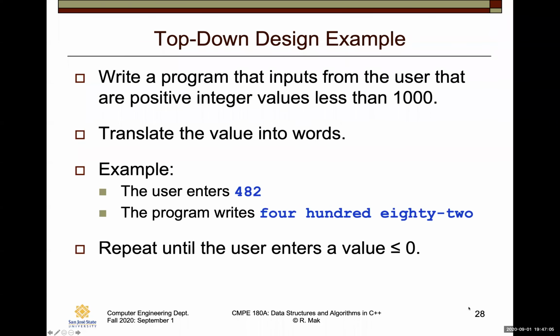For example, the user enters the digits 482, and your program writes out 482 in words, and you keep doing this until the user enters a value that's less than or equal to 0, and that tells the program that it's done. That's the problem we're going to solve. Let's see how we go about doing this using top-down design.